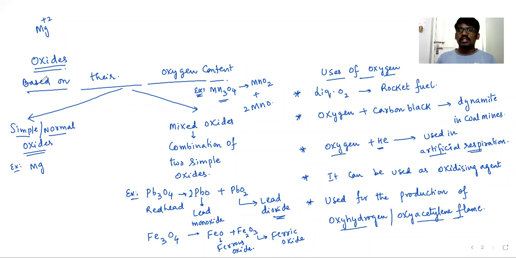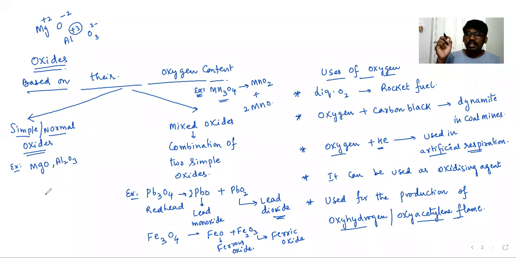So how many oxygens are required for this? +2 oxidation state means only one oxygen is required, to compensate its positive charge, so it will be MgO. Similarly, Al, oxidation number is +3. Oxygen oxidation number is -2. To compensate this positive charge, 3 oxygens are required, and then the oxide formula is Al2O3.